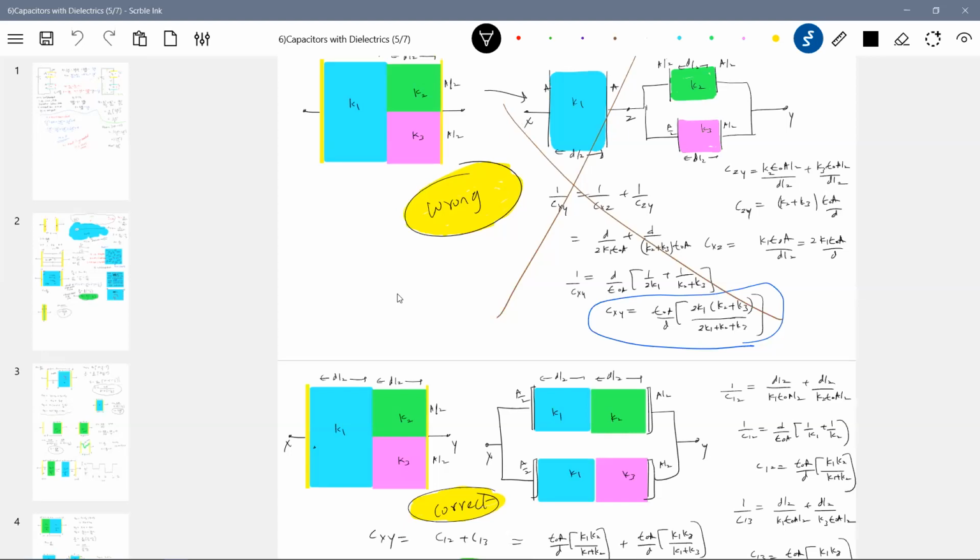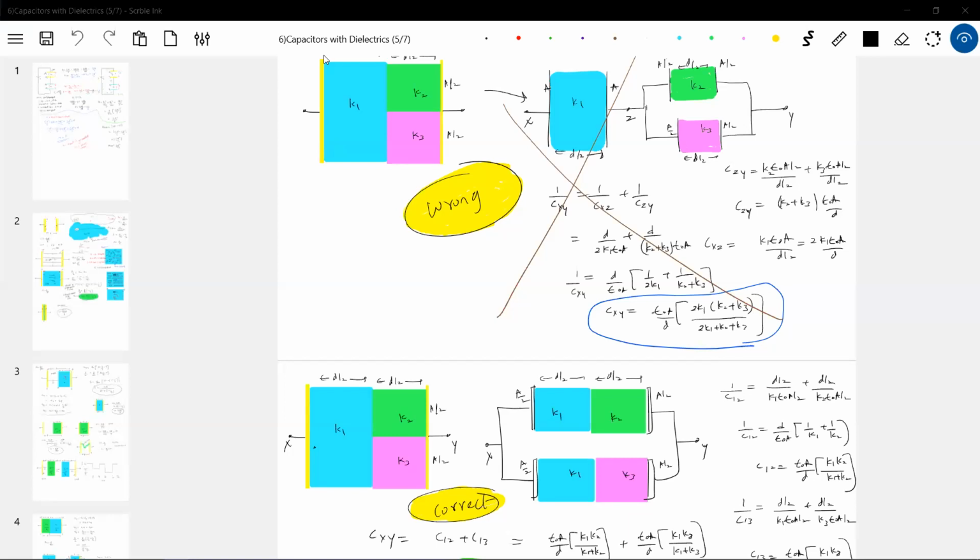Now, what will be the charge? You are actually going to connect it to a cell. The charge which starts flowing here, will it be the same charge here and here? See, it's not like separating.